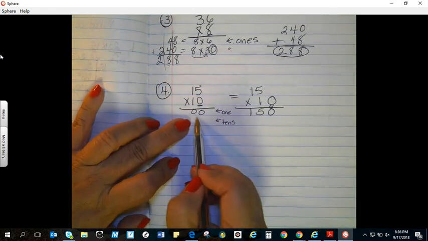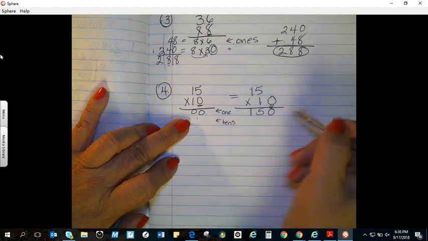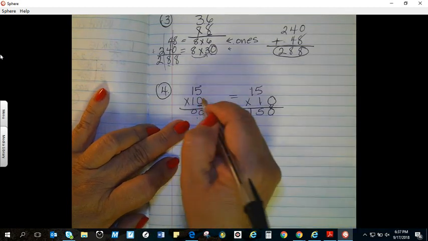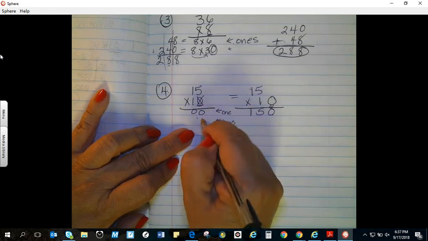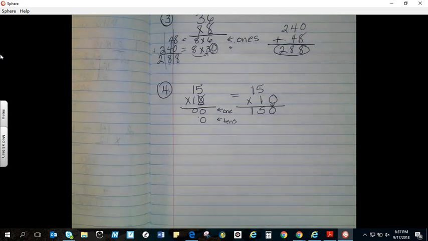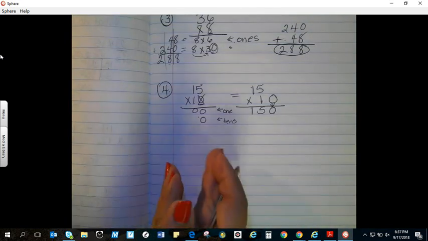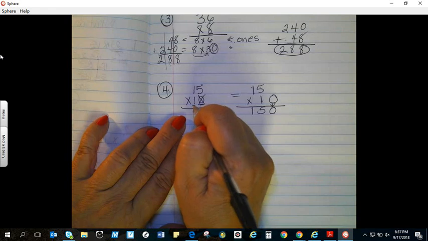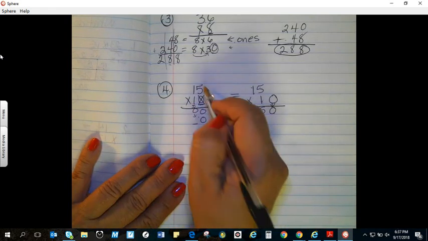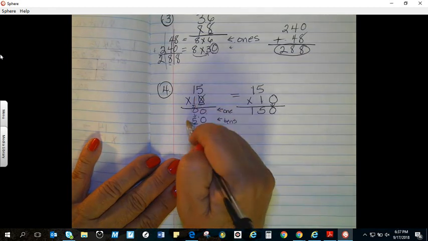I just did it this way to represent that. Now my 10's, I'm putting a 0 here to hold that space. So 0 is my hero. I'm going to hold that spot there, because I have to line them right up. It's going to be in my 10's place. 1 times 5 is 5. 1 times 1 is 1.